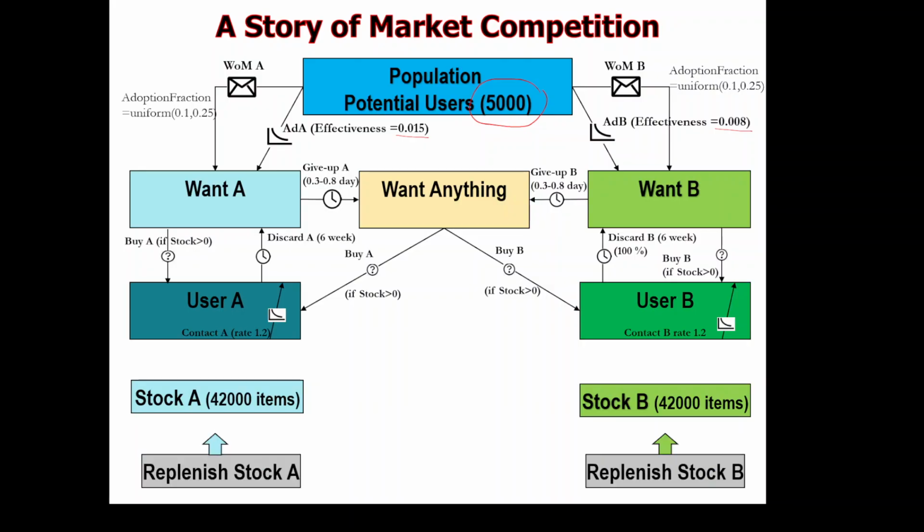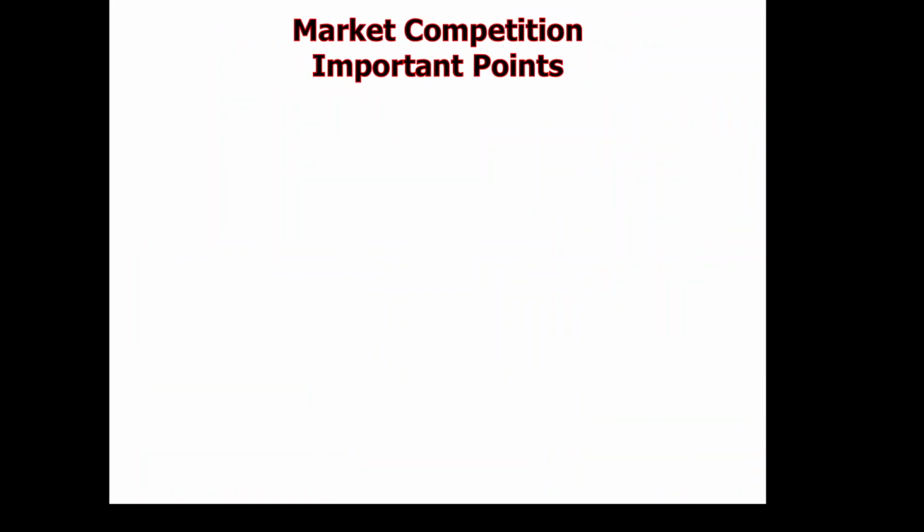So as discussed earlier, the replenishment of the stock is not an option here, so we are not going to use it in this first scenario. So there are some important points here.